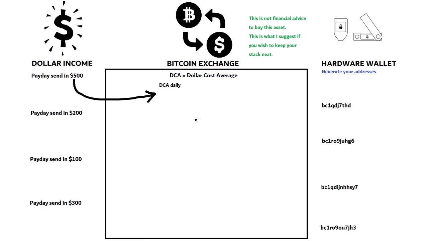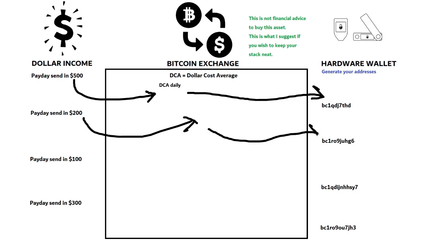And once that amount is gone to zero, you withdraw that whole lot to that first generated address. Now, I suggest keeping it in one clean batch. So that dollar goes in, whittles down to zero, then batch it out. Then the next payment comes in, DCA, once it goes to zero, batch it out.